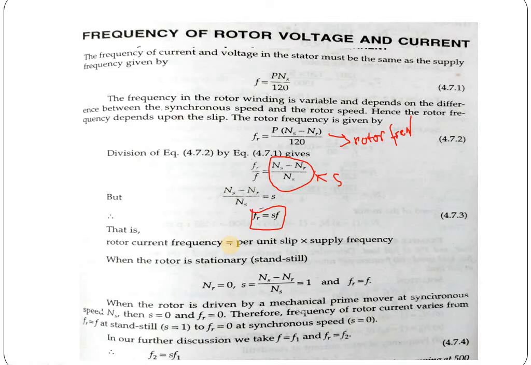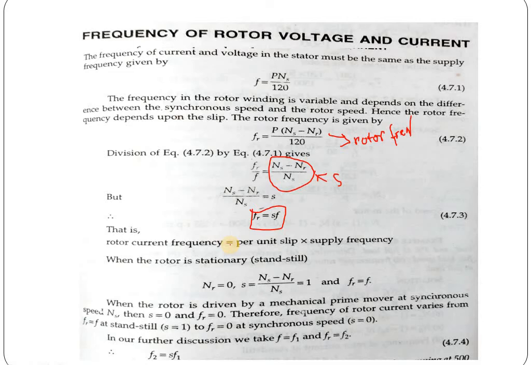When the rotor is driven by a mechanical prime mover at synchronous speed Ns, then s equals 0 and fr equals 0 also. Therefore, the frequency of the rotor current varies from fr equals f at standstill, s equals 1, to fr equals 0 at synchronous speed, s equals 0.